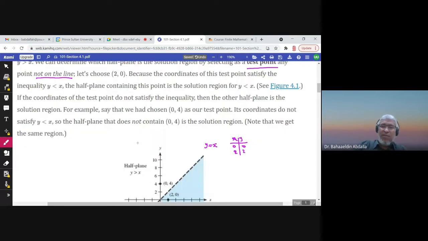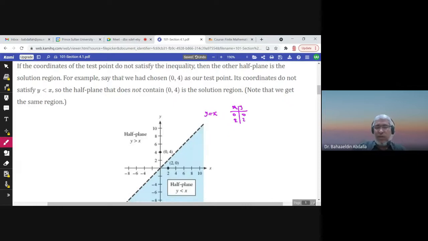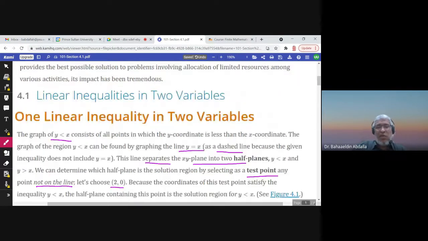So for example, if we choose (2, 0), this point is in this half. So we check it in the inequality. Now (2, 0): 2 is x, 0 is y. So is 0 less than 2? Yes, correct.